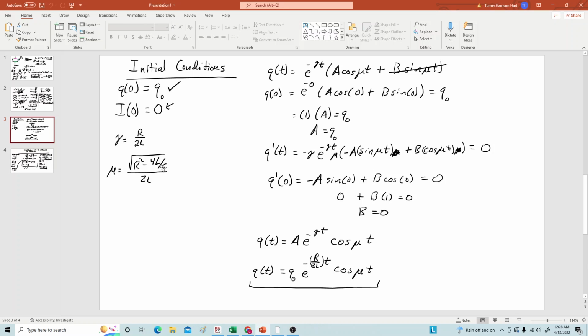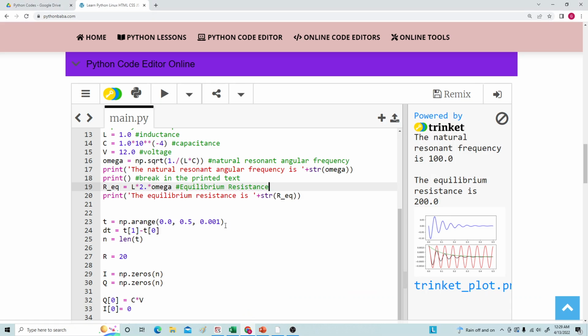And remember, the natural resonant frequency is when this quantity equals R squared. So when I take the square root, I would get the square root of 4L squared over LC. And so 4L squared would come out of the square root as 2L, and I would be left with 1 over square root LC. So that is 2L over square root LC. So that's where this calculation comes from.